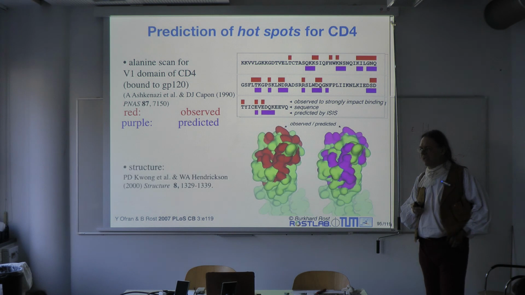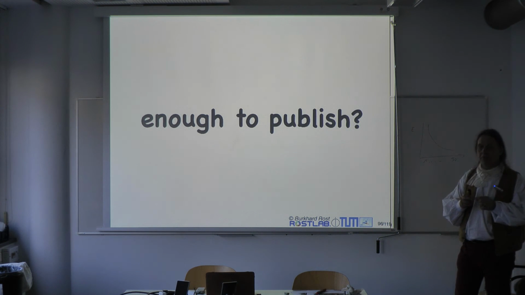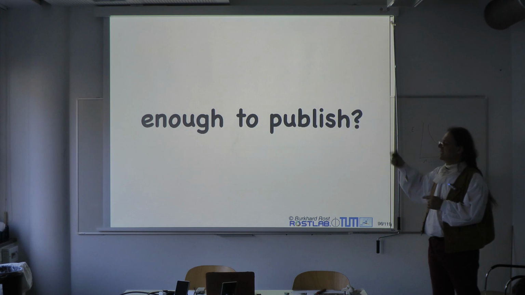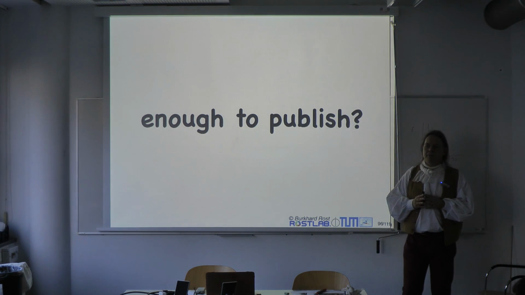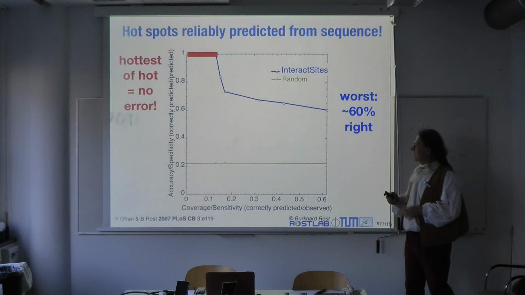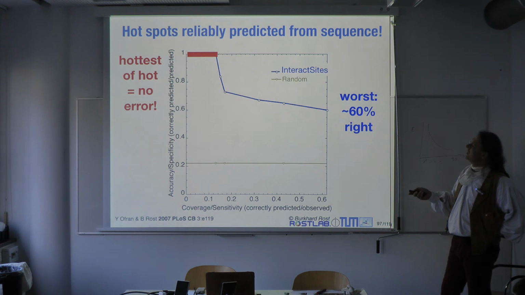And there's a database of alanine scanning experiments, where people look at protein-protein interfaces and mutate single residues to alanine, just like they did for this experiment before, and show hotspots. Jan and I scanned that data set, so this is exclusively hotspots now, accuracy and coverage for hotspots.